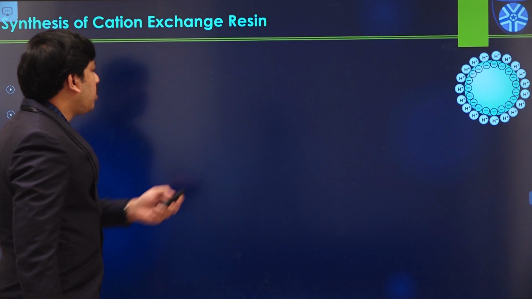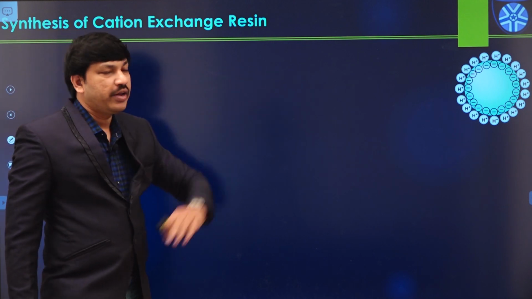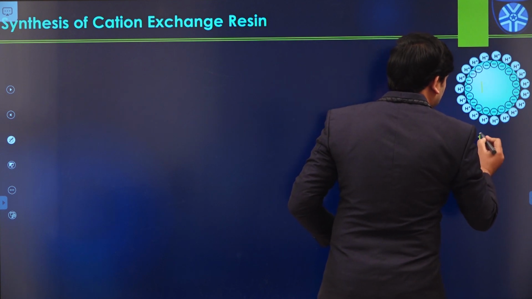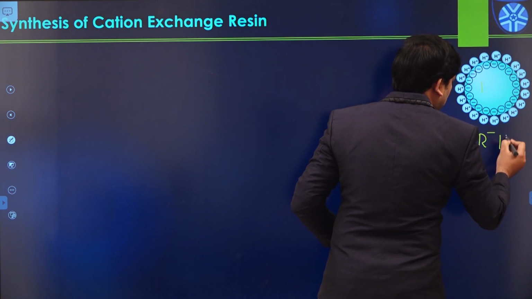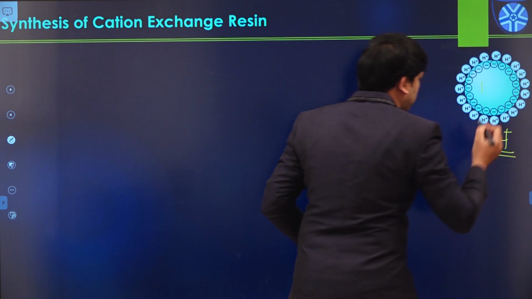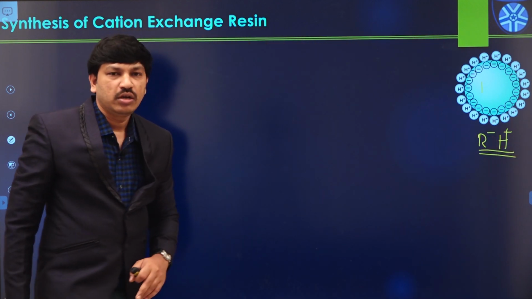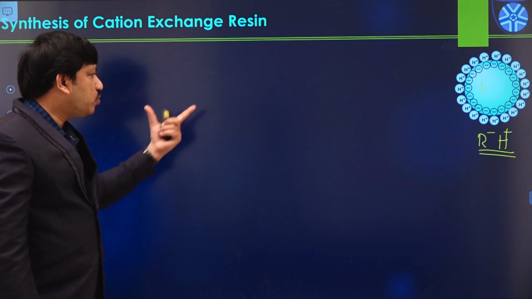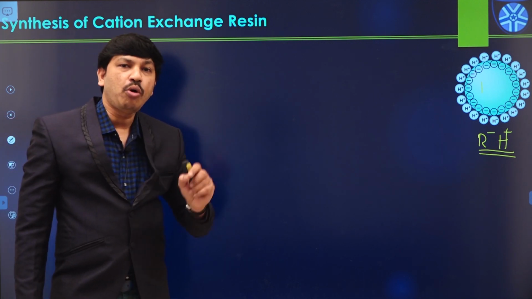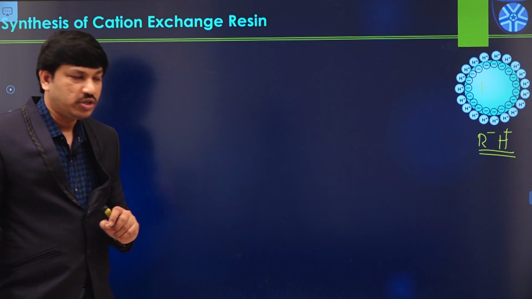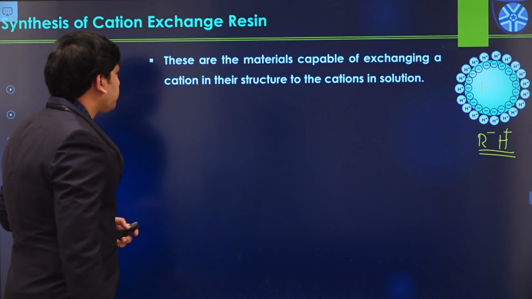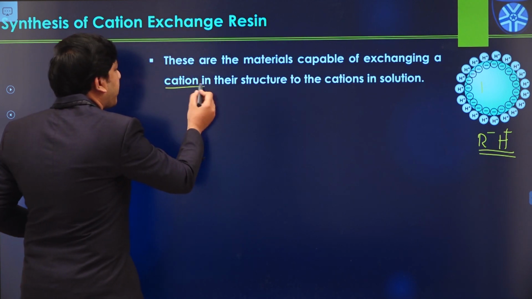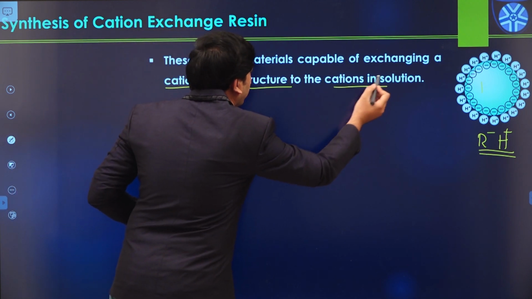Okay. So now let us see how to synthesize one of the cation exchange resins. This is our cation exchange resin, R minus H plus. Now how to synthesize this particular resin? As I said in the earlier slide, these two resins are developed from the copolymer of styrene and divinyl benzene. These are materials capable of exchanging cations in their structure with the cations in the solution.